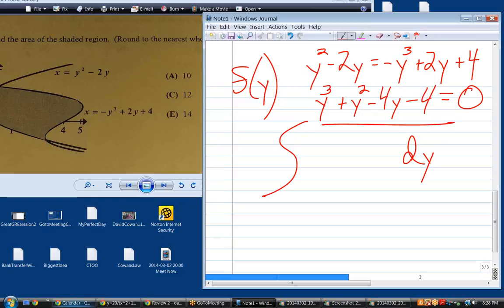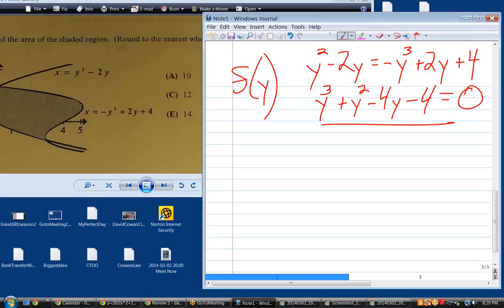Notice I can solve that by grouping, which is rare. Let's solve that before we go any further. Do you know how to solve that by grouping, or do you even need to know how to solve it by grouping? Or can you just put that in your calculator and come up with values for y?